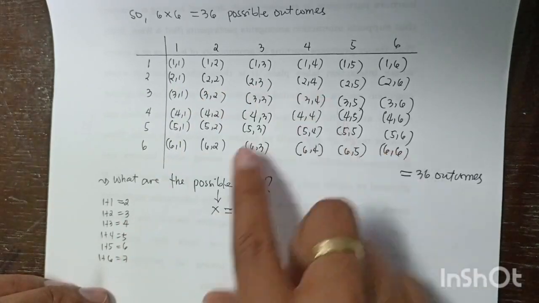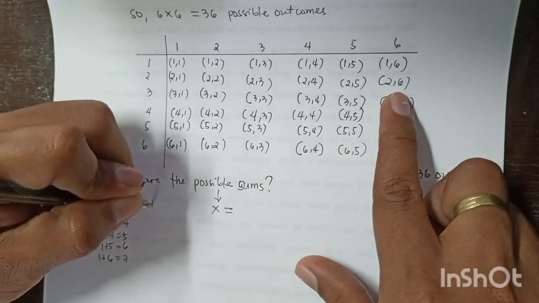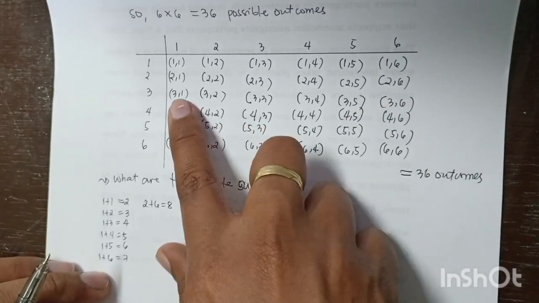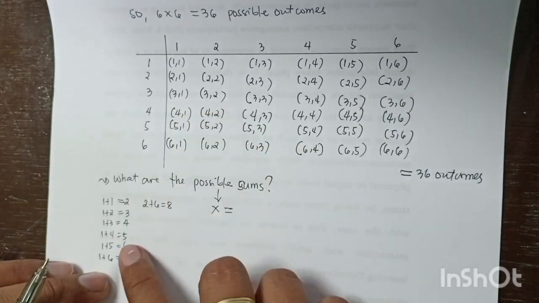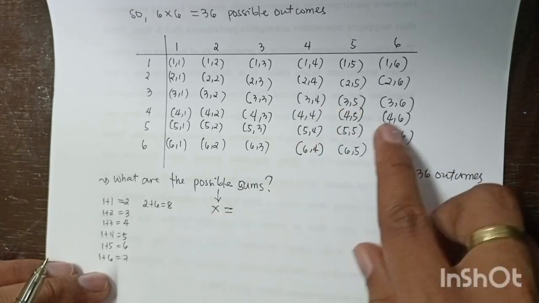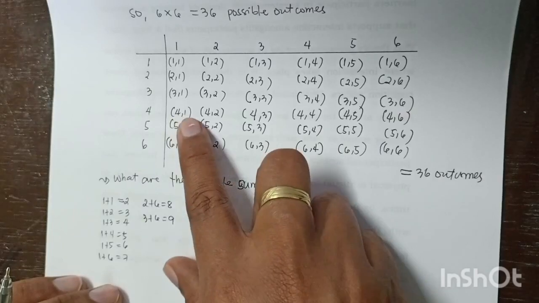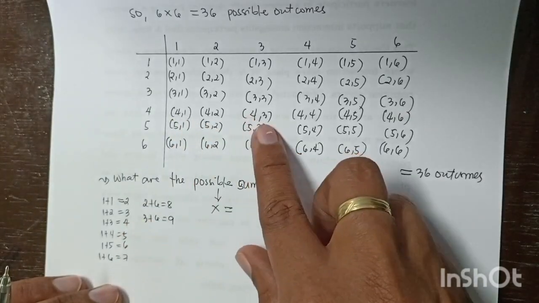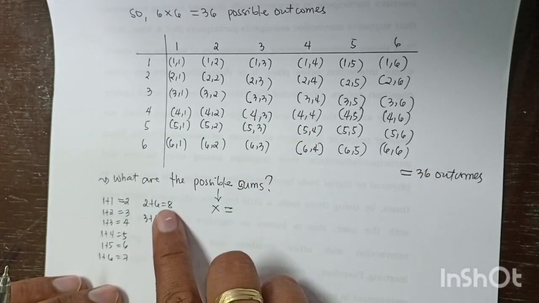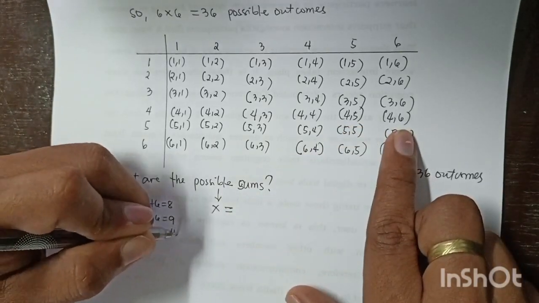We already have that sum. Also for 2 and 2, 2 and 3, 2 and 4, and 2 and 5. But for 2 and 6, 2 plus 6 equals 8. So we already have those sums. Then for 3 plus 6, we have 9. For 4 and 1, that is 5. We already have 5. For 4 and 4, we already have 8, and for 4 and 5, we already have 9.